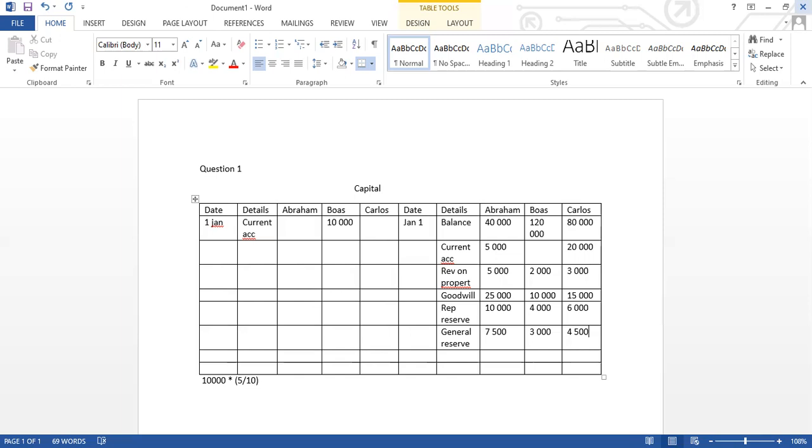But first you apportion them to the first 3 partners. Why? Because the retiring partner has to benefit from those reserves. He has been in the business, so he needs to get his share of the profit of the general reserve. That's why we share them among the old partners.